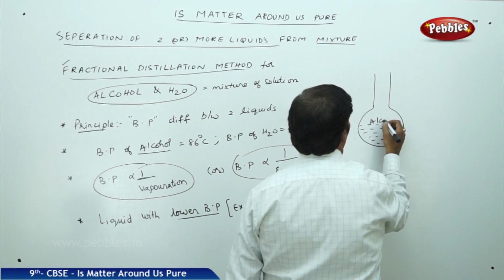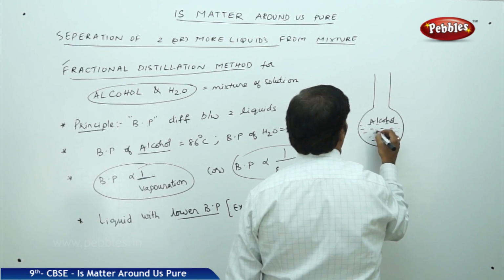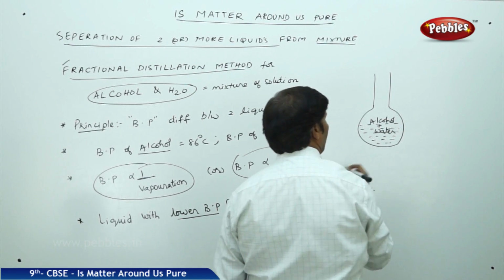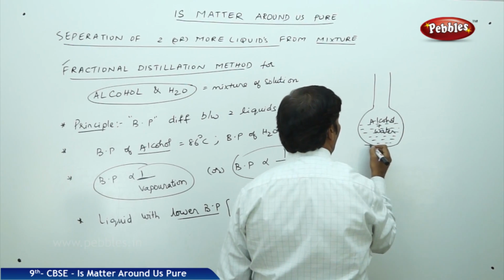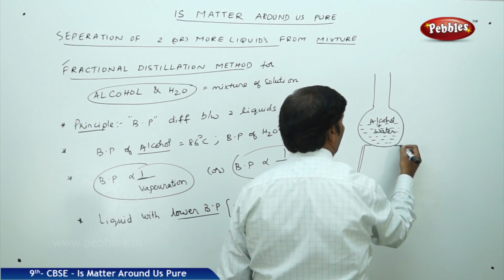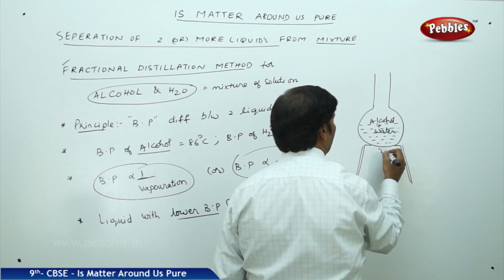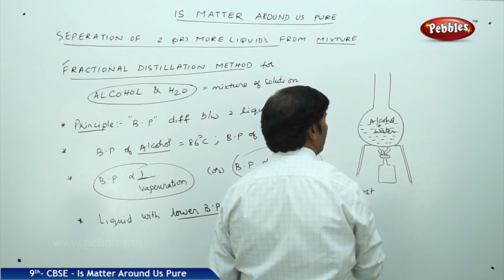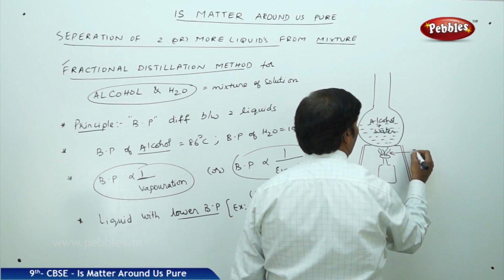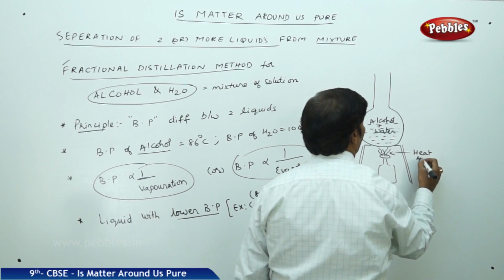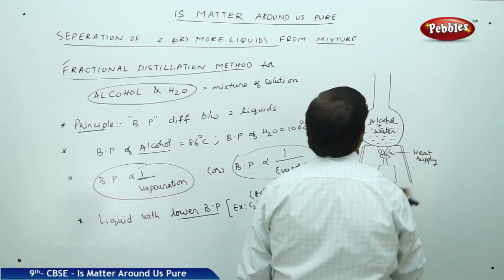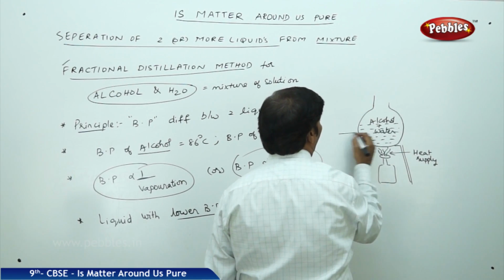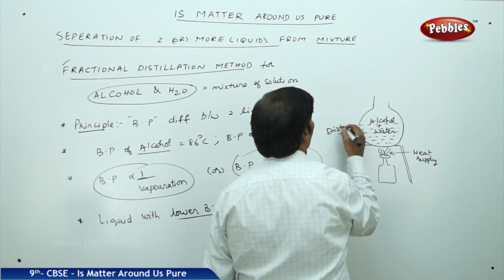Then here you just take a tripod stand, and here you supply the heat source, a Bunsen burner. This is heat supply. This is the distillation flask.